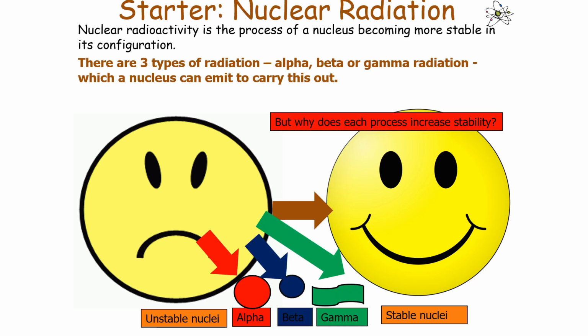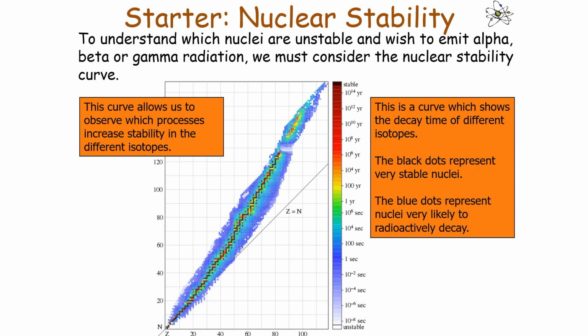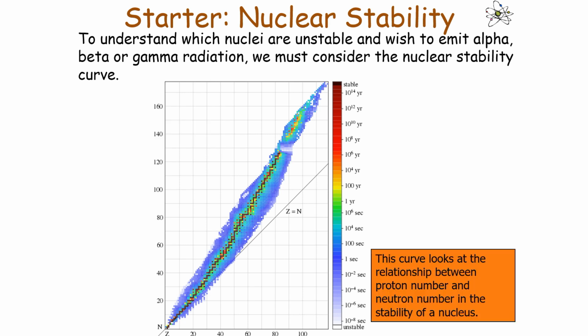Now why does each process increase the stability of the nuclei? To understand which nuclei are unstable and wish to emit alpha, beta and gamma radiation, we've got to consider the nuclear stability curve, because this curve allows us to observe which processes increase the stability in different isotopes. So it looks at the relationship between the proton number and neutron number in the stability of a nucleus.